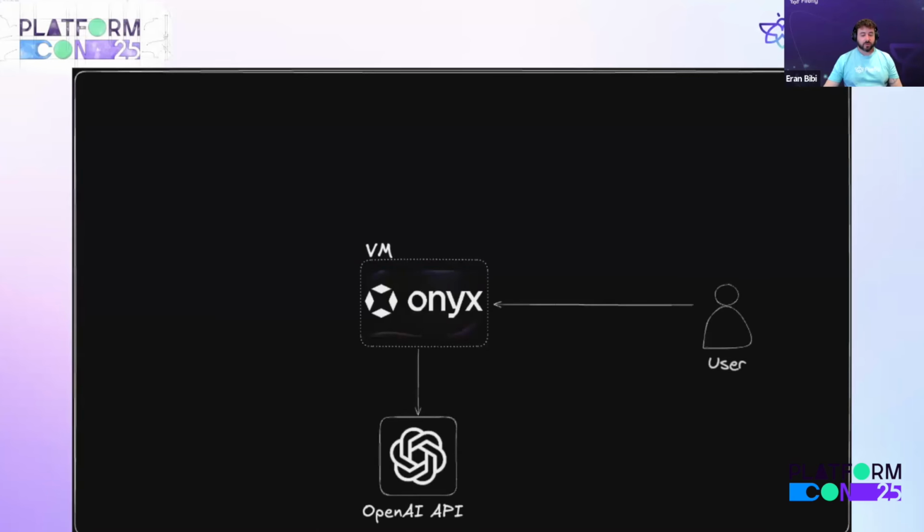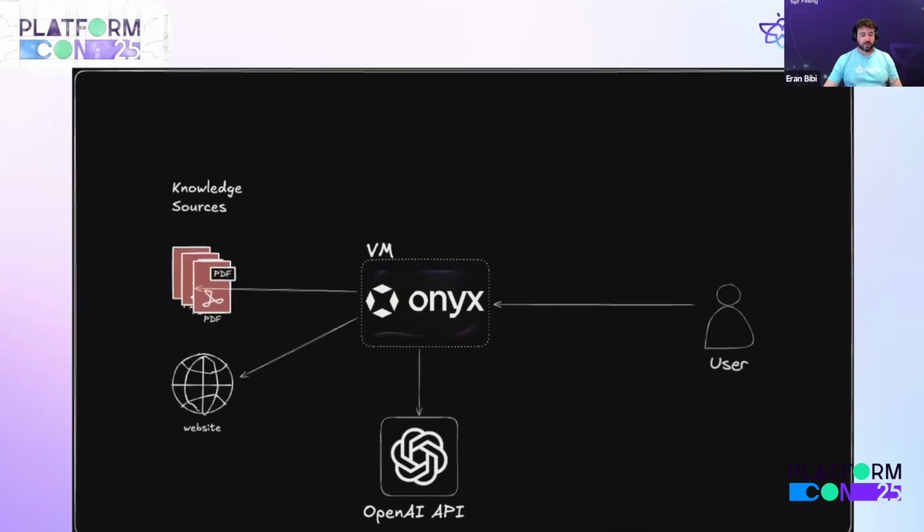Then I'm going to integrate Onyx with OpenAI, using the OpenAI key as the AI agent engine for this AI facility. And then I will show you some of the connectors that Onyx provides out of the box. There are plenty of connectors. In this case, we will connect a few PDFs and a website. This is for the AI to get a source of knowledge.